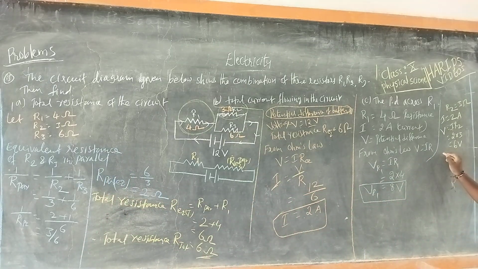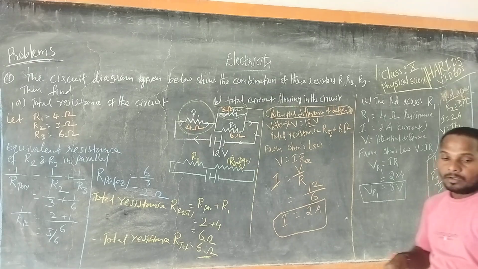For example, the potential difference across R2 is the same as across R3, so 6 volts. With the total current 2 amperes, V is equal to IR3, so 6 into 2, 12 volts.